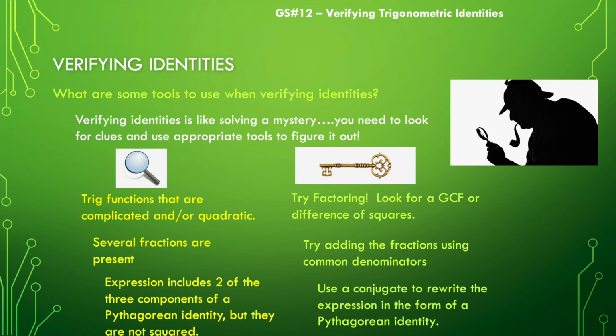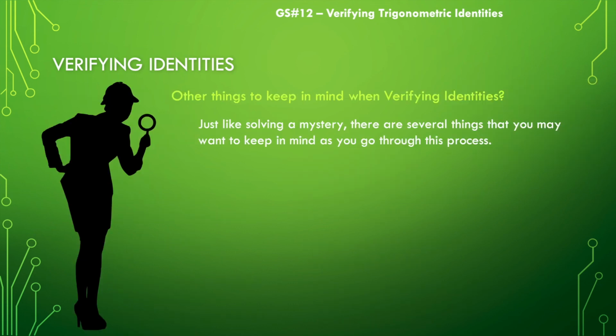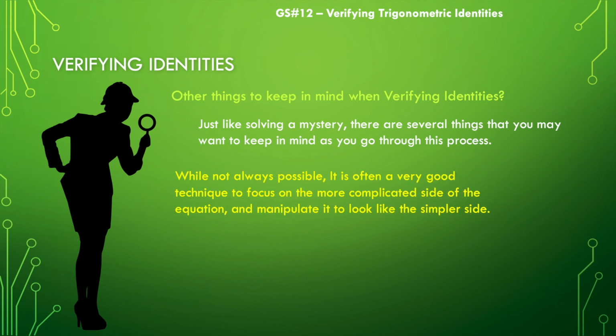Okay, so those are a lot of the tools that we're going to use. What are some other things you want to keep in mind? Well, going back to that idea that there's more than one way to verify, often it's easiest for us to only work with one side of the equation.